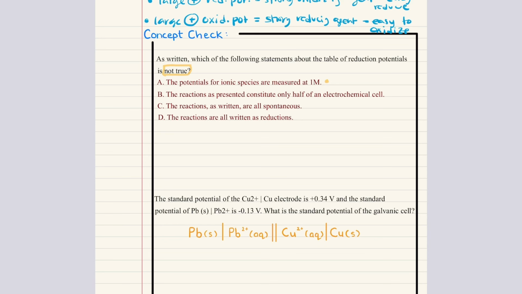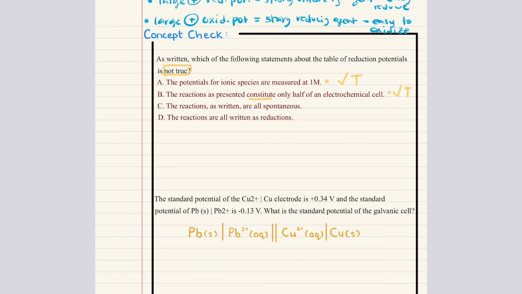That is correct because all standard reduction potentials assume standard state conditions, and that means 1 molar for aqueous ions. B says the reactions as presented constitute only half of an electrochemical cell. That is also correct. Every line in the reduction table is just a half reaction. It either becomes the anode or the cathode, depending on how we construct the full cell.